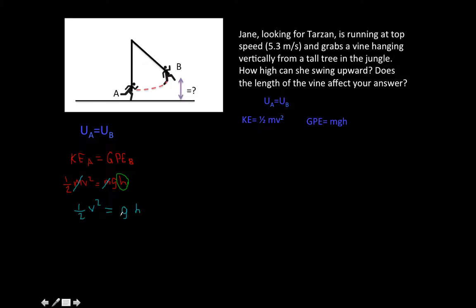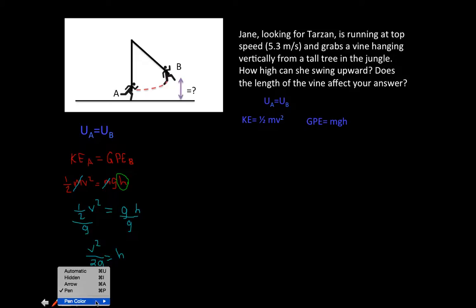To get h alone, we simply divide by g, and we are left with v squared over 2g is equal to h.